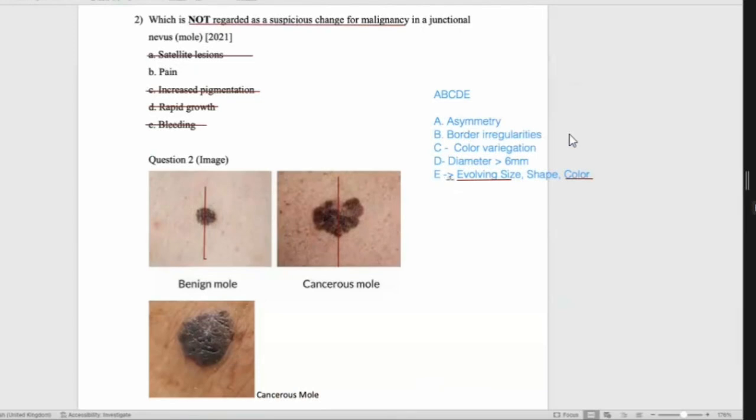So you see here where it says evolving size, right? Always remember, and this is very high yield. I'm not telling you guys random factoids, everything here we're focusing on exam purposes. When you think about evolving size, the moles can evolve in size horizontally as well as vertically, right? When I say vertically, I mean it can go deeper down in the skin, right?